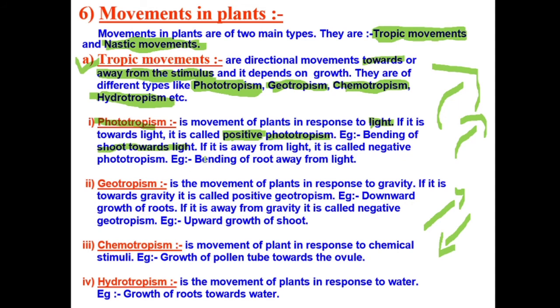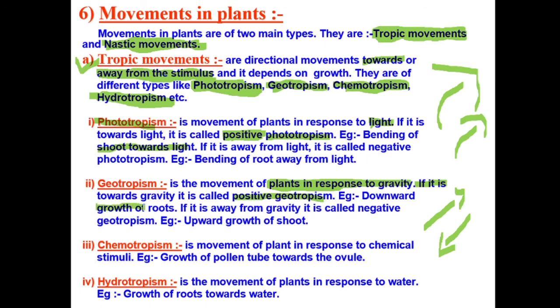Bending of roots away from light, yes, the roots, they grow opposite to the light, so that is negative phototropism. The shoot or the stem that grows towards the light, that is positive phototropism. Same as geotropism. It is a movement of plant in response to what? In response to gravity. So geotropism is in response to gravity. If it is towards gravity, it is called positive geotropism. Like downward growth of roots.